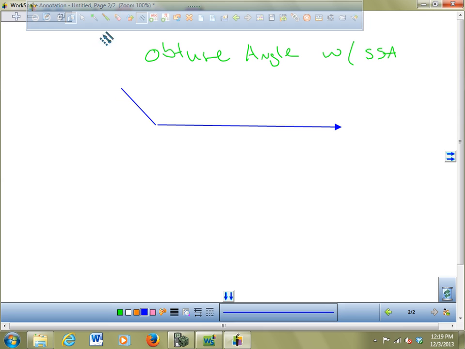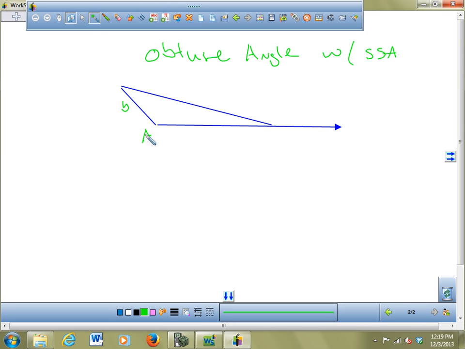So here's my side B, and here's side A over here. If it's an obtuse triangle, here's angle A, it's obtuse. A is obtuse, being bigger than 90 degrees. And here's A. How many different possibilities are there? If A is bigger than B, how many triangles am I going to have?